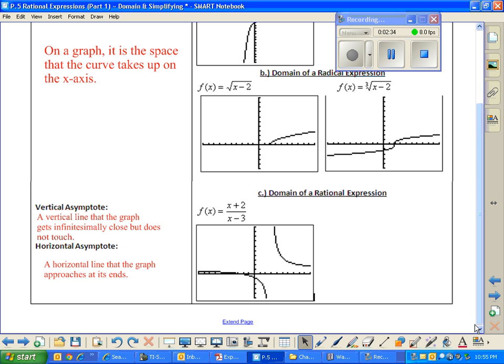So we're going to focus primarily on this definition for domain today, the space that the curve takes up on the x-axis. So these are our examples off to the right. When you go through your homework tonight, you're going to be producing graphs that look like this. All you do is type them in your calculator. It's pretty easy.